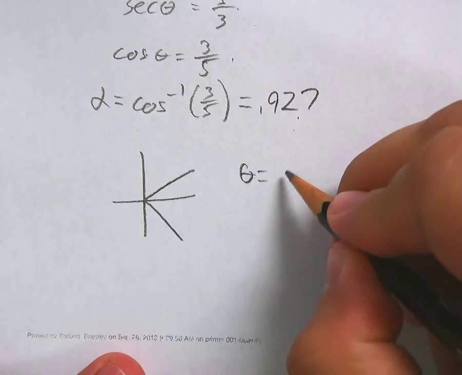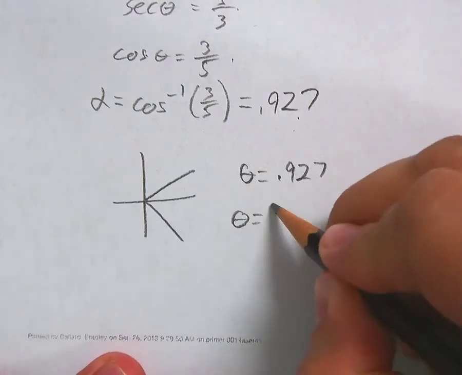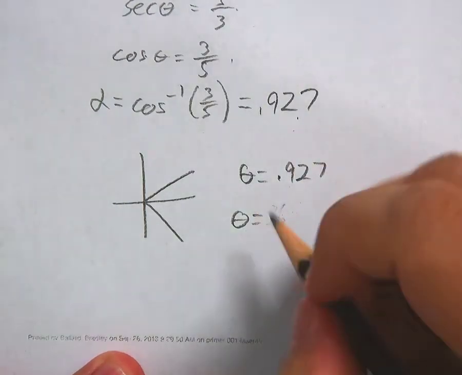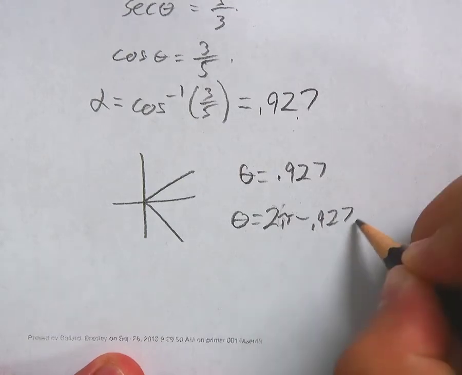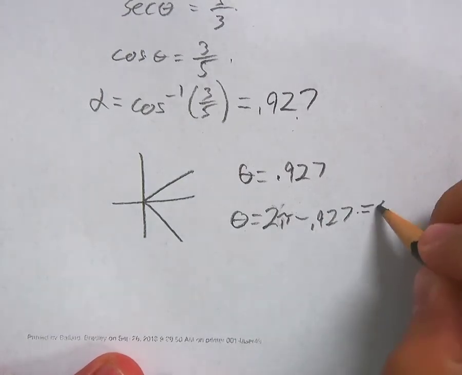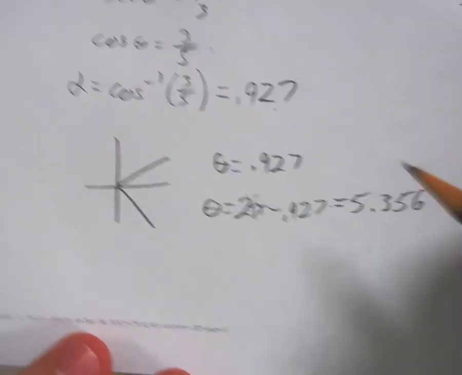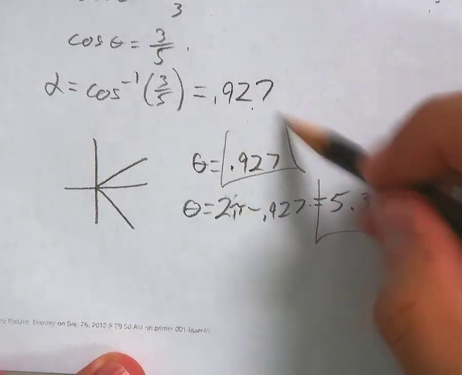So theta is going to be 0.927. And then, oh, wow, we're in radians. And then 2 pi minus 0.927, which is 5.356 if you round. Bam!